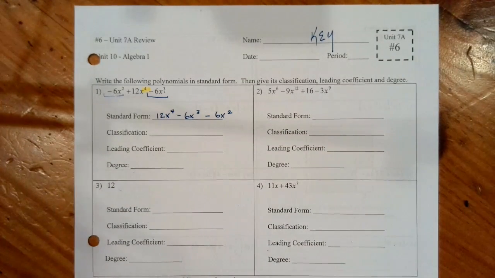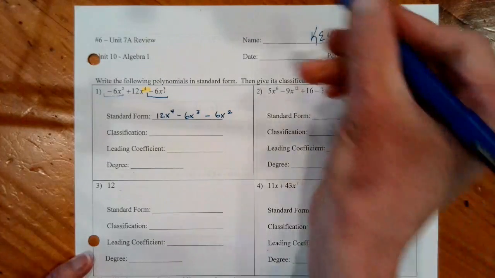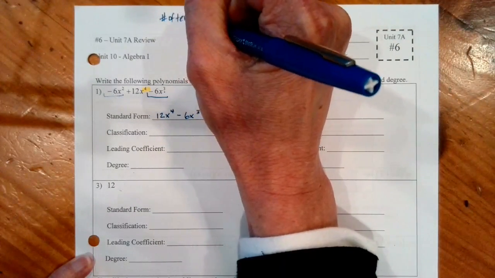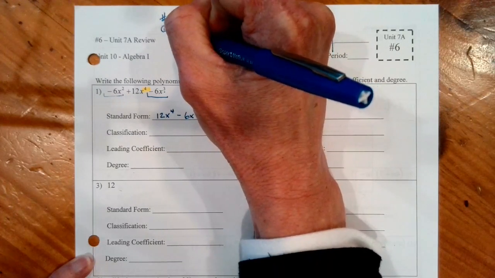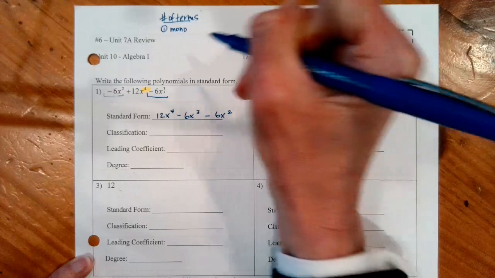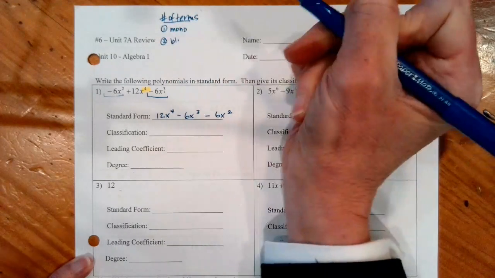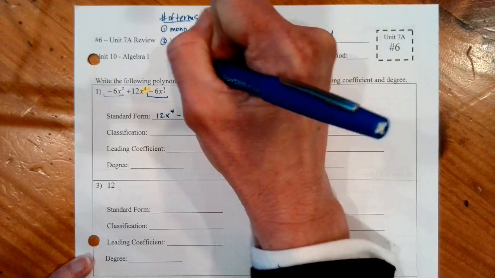Now when I go to classify these, I have a couple choices. If I'm classifying it by my number of terms, I have three choices, actually four. I call it a monomial if there's one. I call it a binomial if there's two terms.